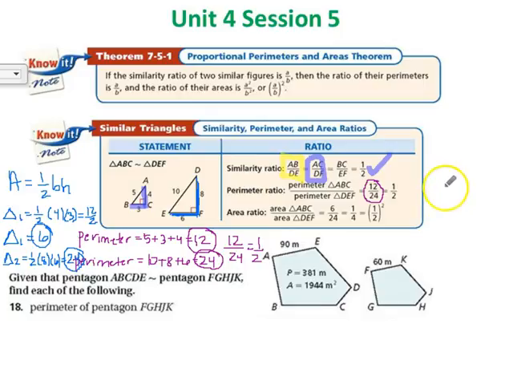So 6 over 24. We can reduce this to 1/4, dividing 6 out of the numerator and the denominator. But remember, for the area ratio, we need to square the ratio.